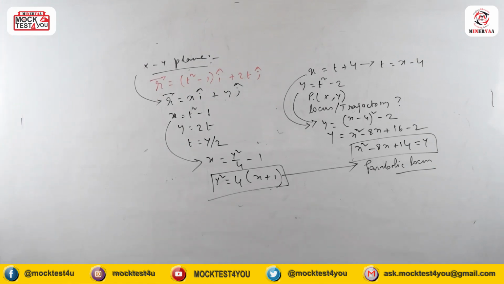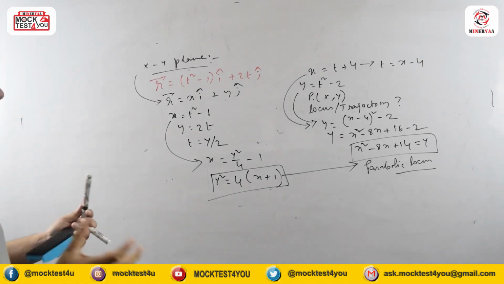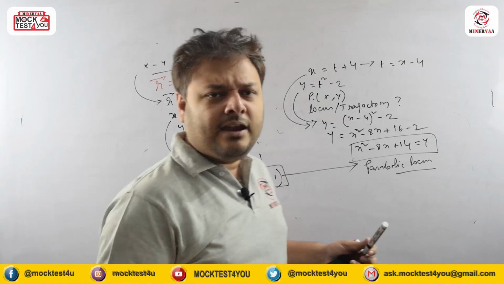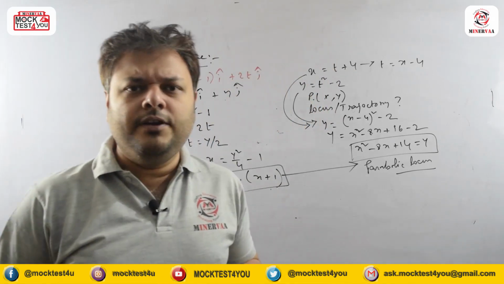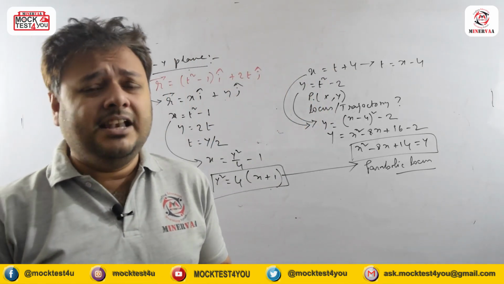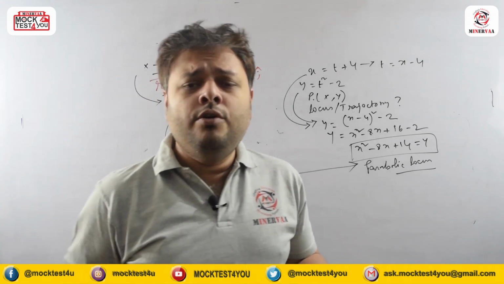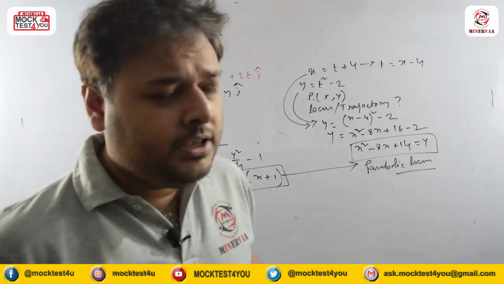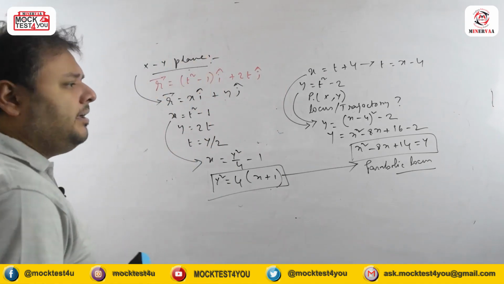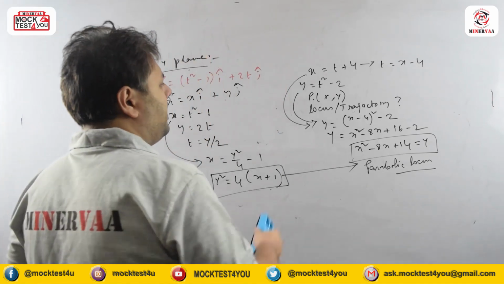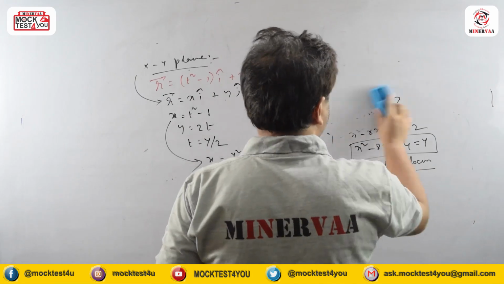So here it is established that there can be different forms of equation, but ultimately it ends up with some curvature we know, whatever we have studied already. These things are very, very important for us.